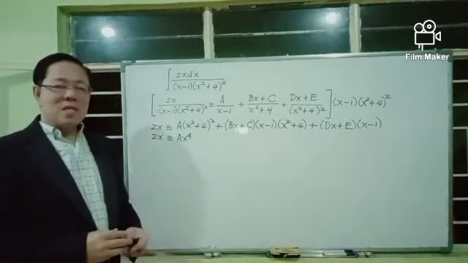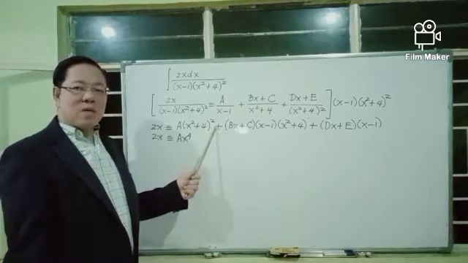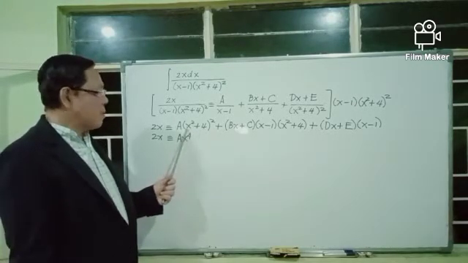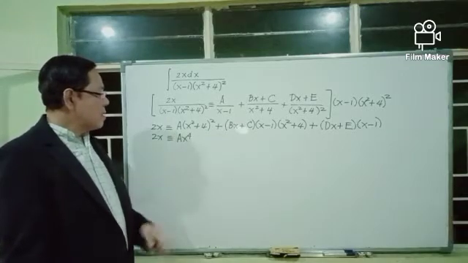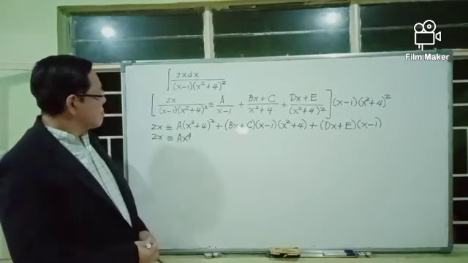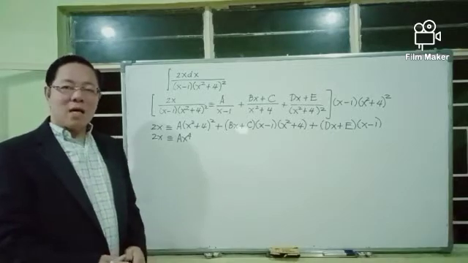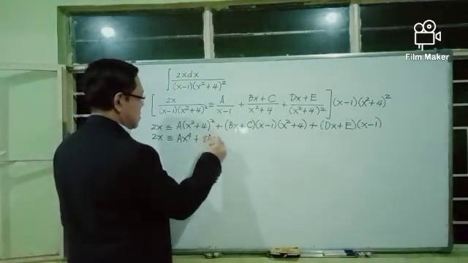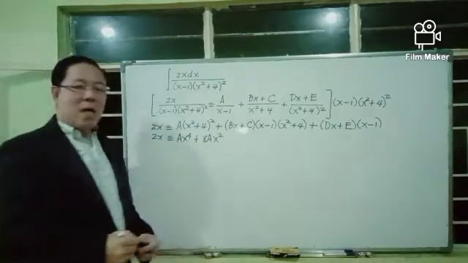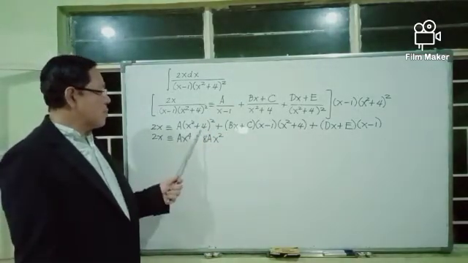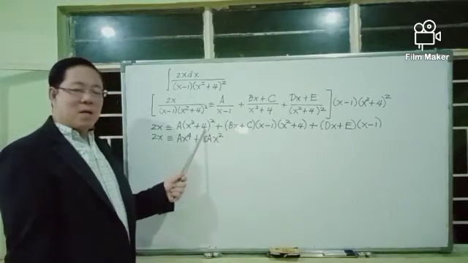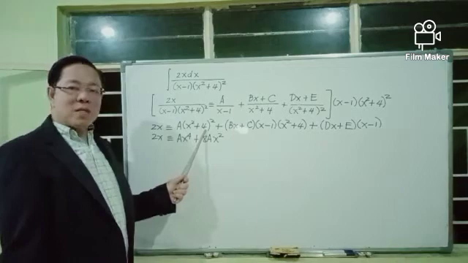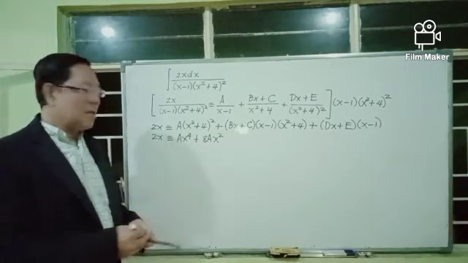The second term in the expansion is twice the product of these two: 2 multiplied by 4 multiplied by x squared multiplied by A, and we get 8Ax squared. The last term is the square of the constant term 4. The square of 4 is 16, multiplied by A is 16A.